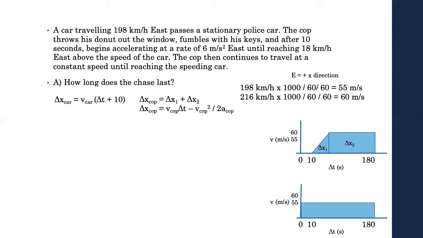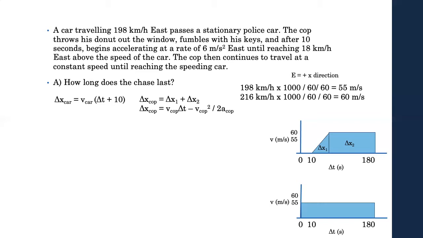And then you have to subtract the time when it was accelerating, that it was not going 60 meters per second. And that's where the second half of this equation comes in, v squared divided by 2a.